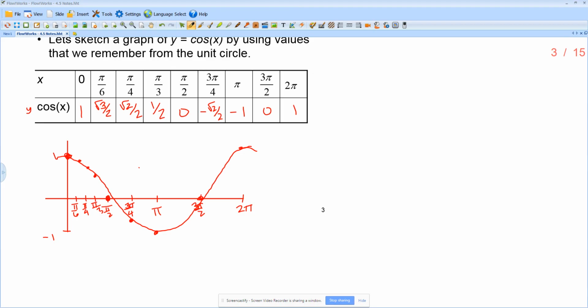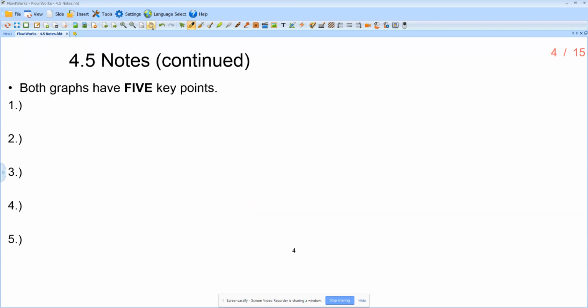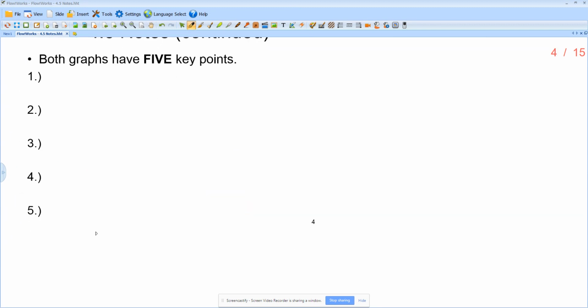So talking about the sketching of that, we don't want to go and reference the unit circle every single time. All of these graphs are going to have 5 key points. The first is going to be the starting point, which is the beginning of the period.